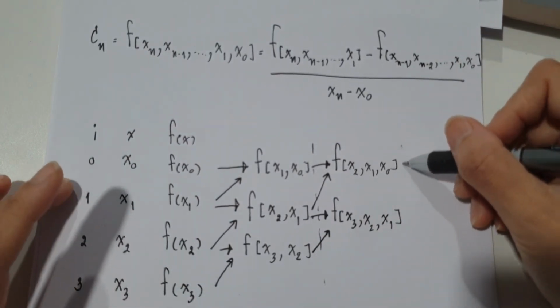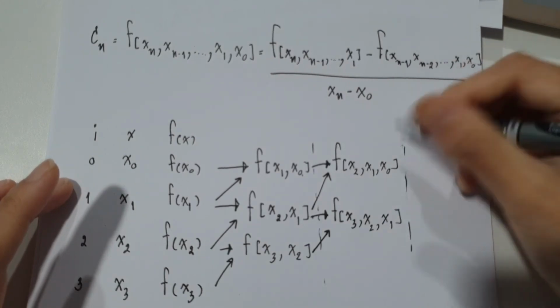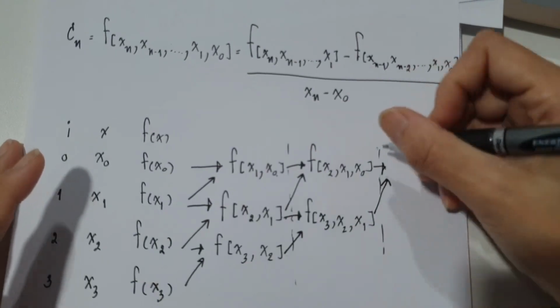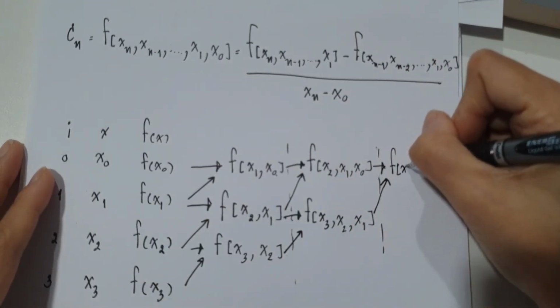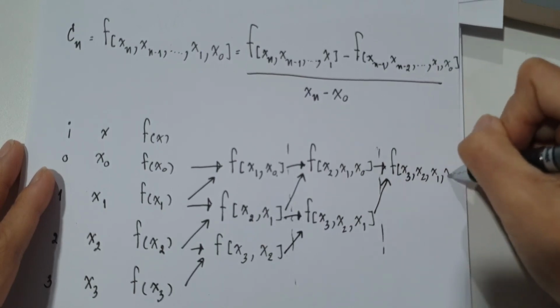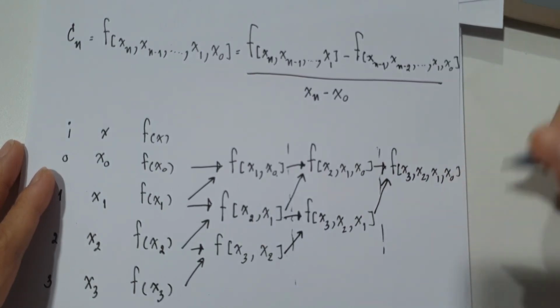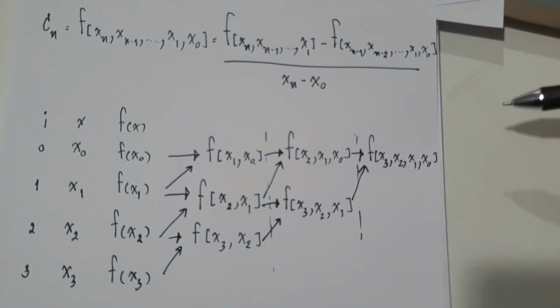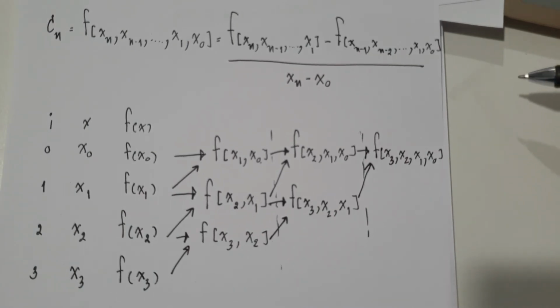In the next round, you use these two values to determine f[x3, x2, x1, x0]. Okay, and you can continue like this repeatedly until the order that you want. So this is the whole idea of the Newton divided difference. And in the next lecture, I will talk about the Lagrange interpolation.